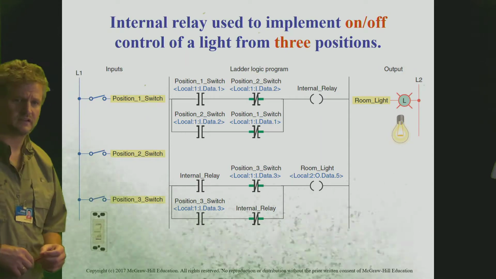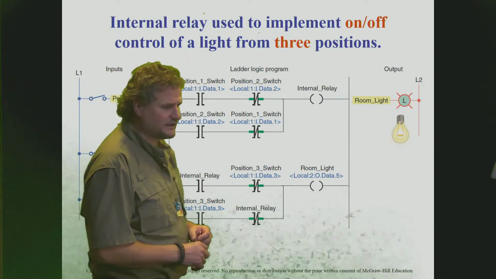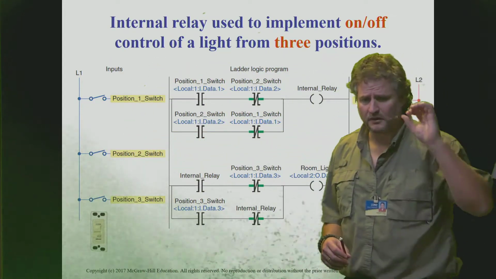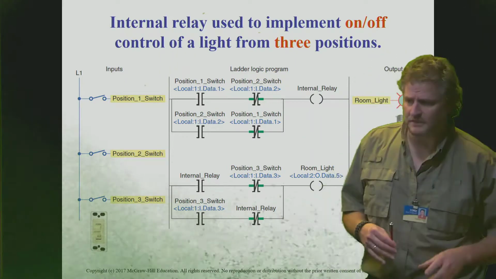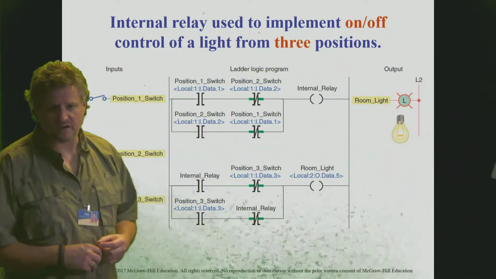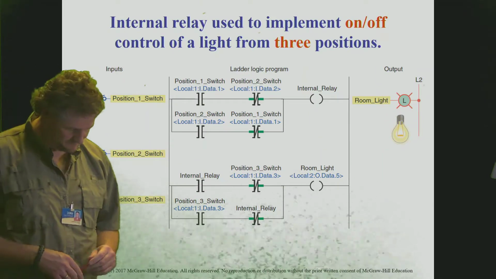Internals to develop code. Good programming practices typically don't utilize the outputs as part of the logic to develop the operations. It's the result of all the code that is written that the outputs are driving.